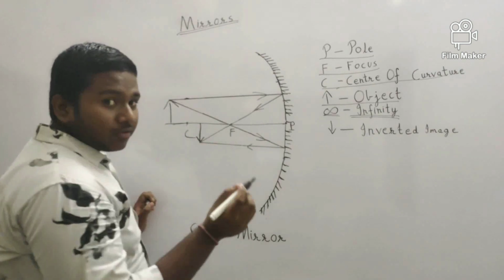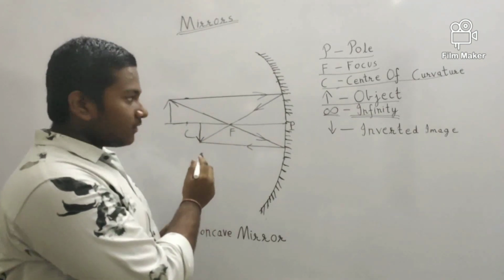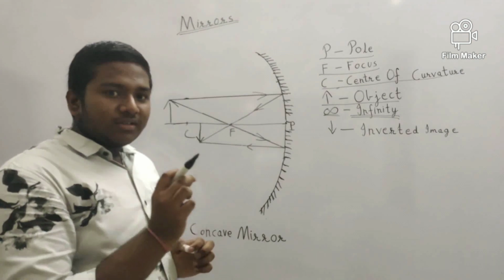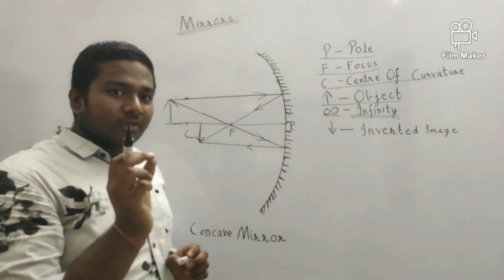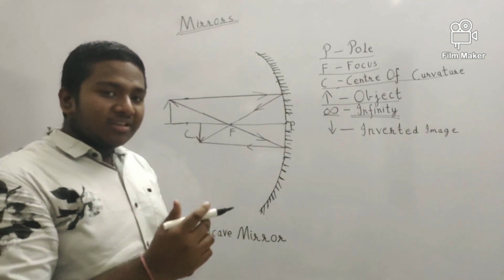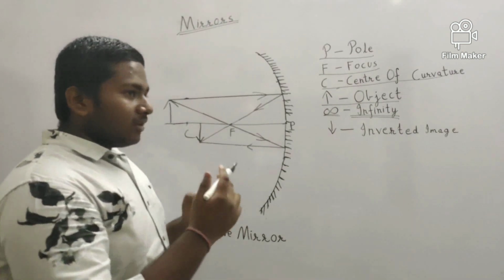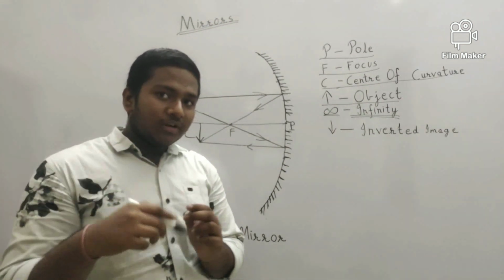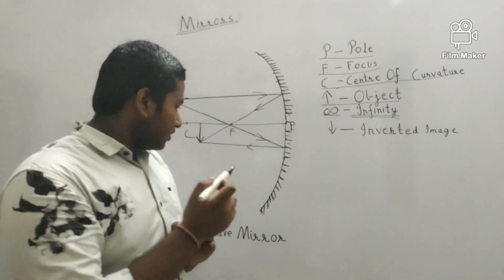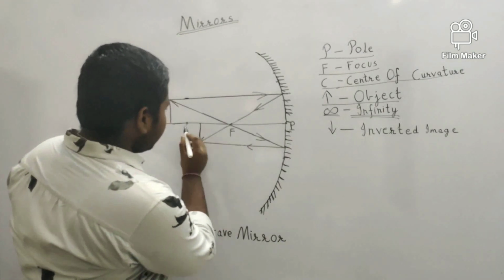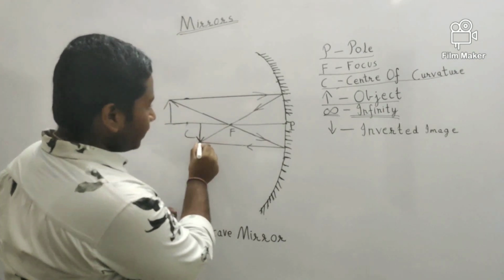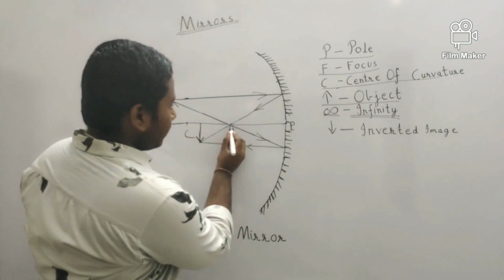The image formed between focus and center of curvature is a diminished image. Diminished means very small in size, and the image is inverted. That means the head of the object is downwards and the legs are upward in the image. So this property is there in the concave mirror.